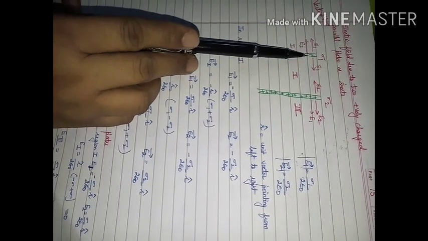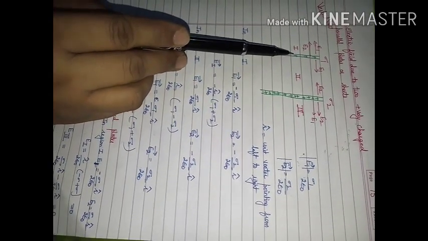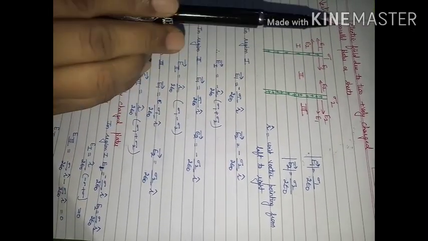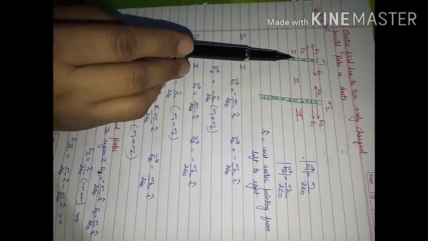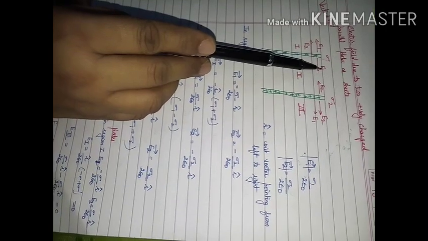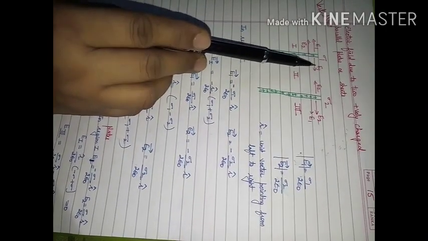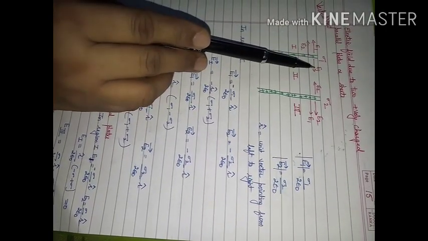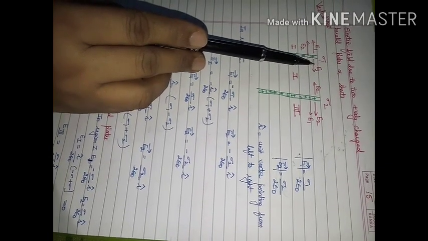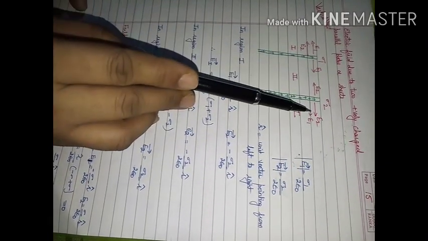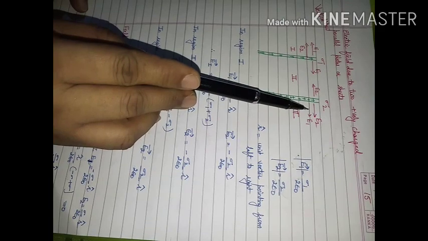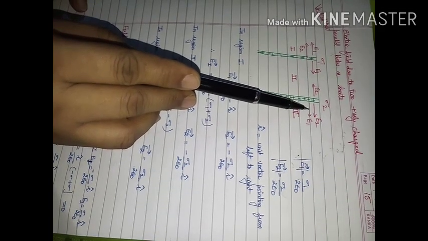The electric field intensity because of this positively charged sheet will be in the outward direction. So if I consider this sheet, E1 is the electric field intensity, and its direction will be outward on both sides.